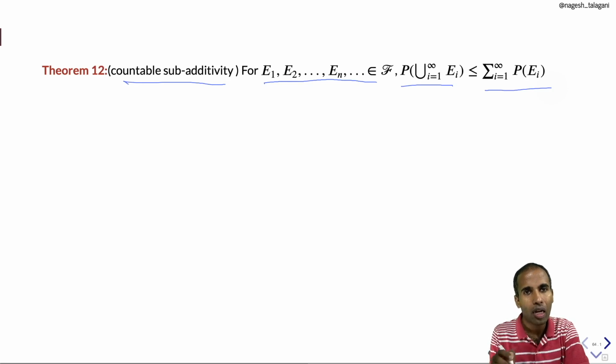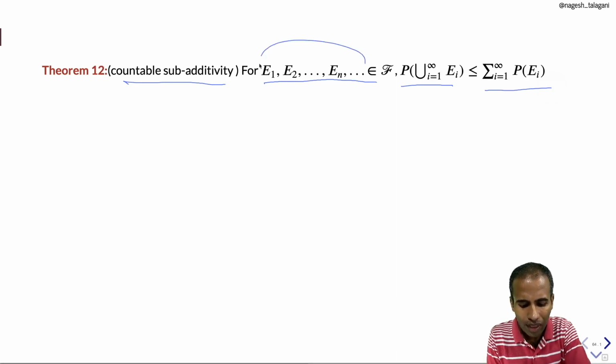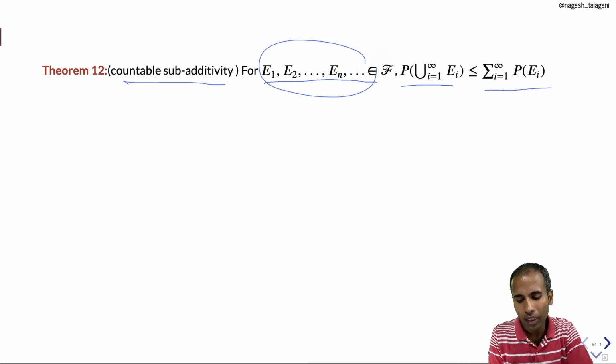This is the countable subadditivity statement. Here, the collection is any countable collection of events in the event space. If they are mutually exclusive, we know from axiom 3 that we have equality. But in general, what you can say from countable subadditivity is that the left hand side is less than or equal to the right hand side.